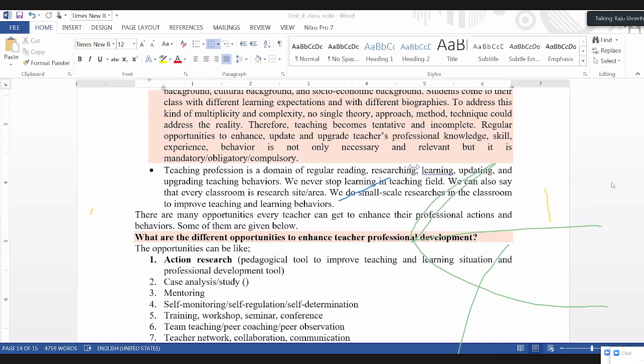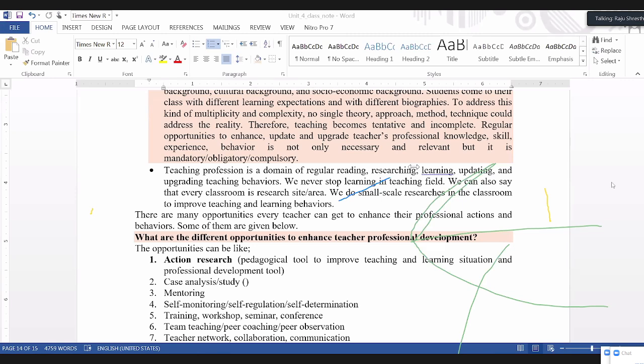So training is one regular opportunity teachers get to upgrade their professional knowledge. This is a major activity to enhance their professional knowledge. Different types of training we organize, like refresher, short-term training, and certification. This is long-term training, like 30 days training, short term 5 days training.